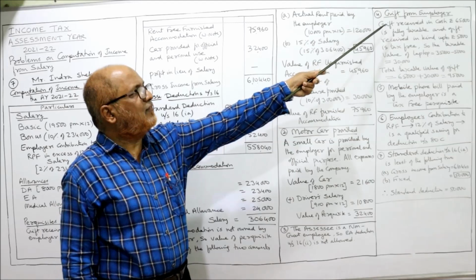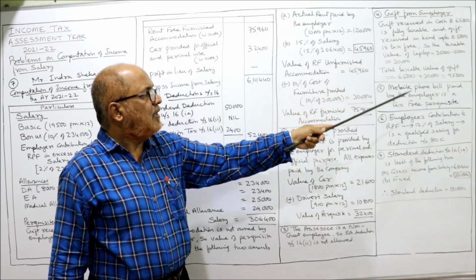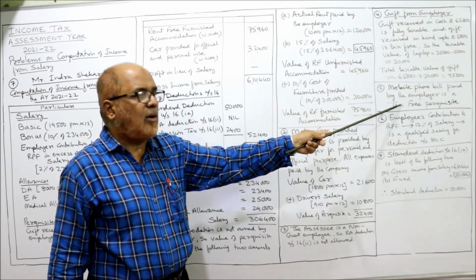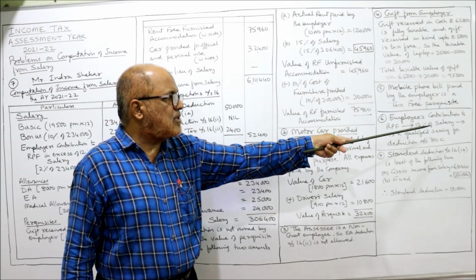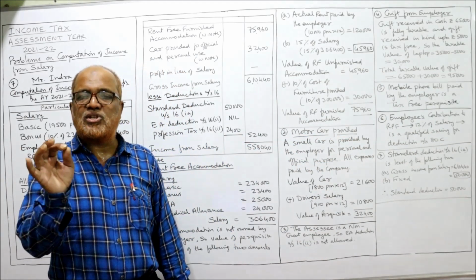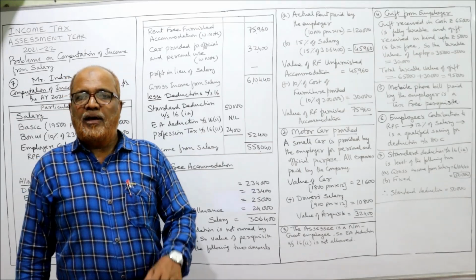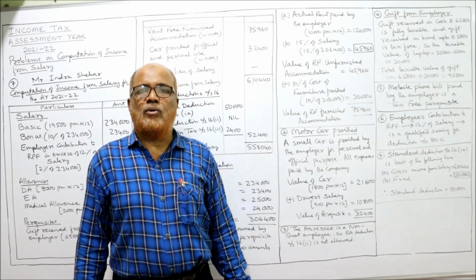Over. Next, gift from employer. Already I have discussed in detail regarding that. Then mobile phone bill paid by the employer is a tax-free perquisite. Employee's contribution to RPF, 12% of salary, is a qualified saving for deduction under section 80C. This is just information. In RPF, the employee will contribute, the employer will also contribute.